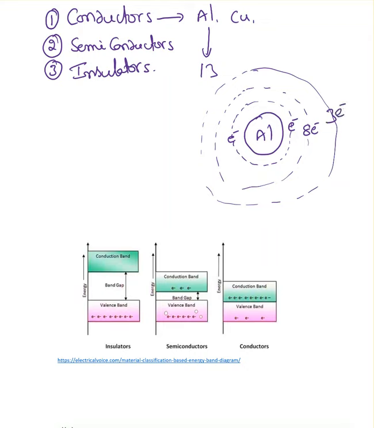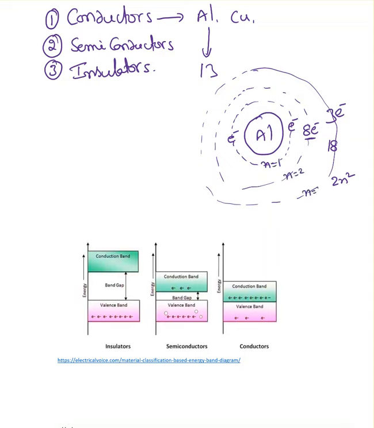Now this aluminum atom wants to get stability. It will be stabilized when there are 8 electrons in its outermost orbit, or if the outermost orbit is completely full. This third orbit can handle up to 18 electrons. If you remember, the formula is 2n squared, where n is the orbit number.